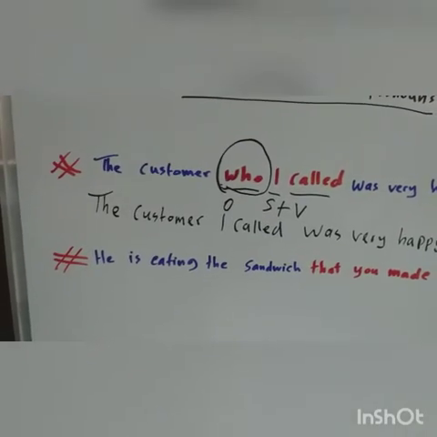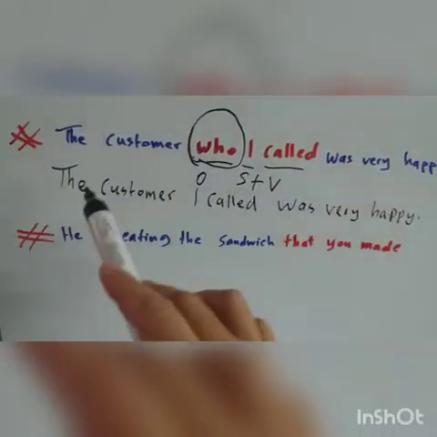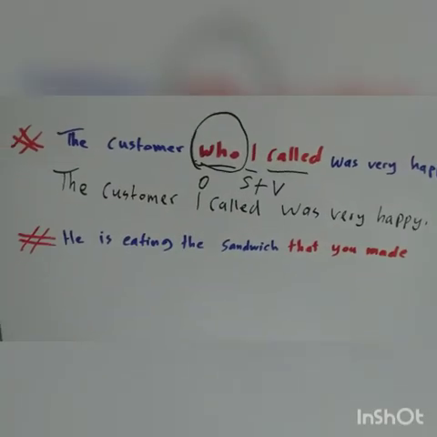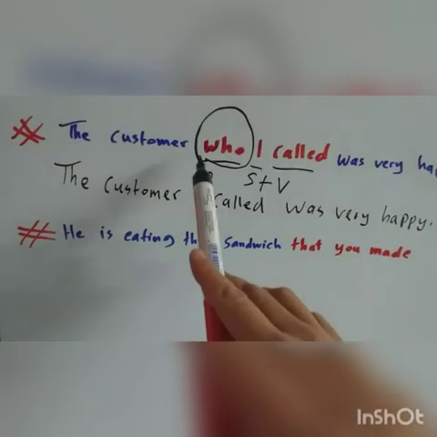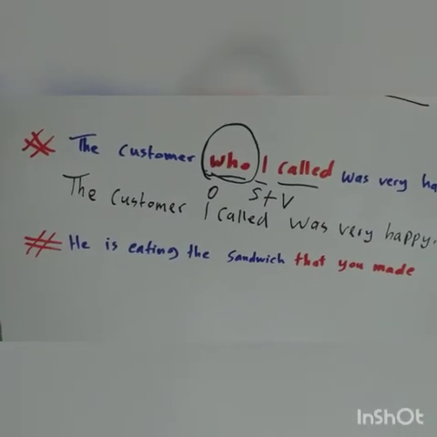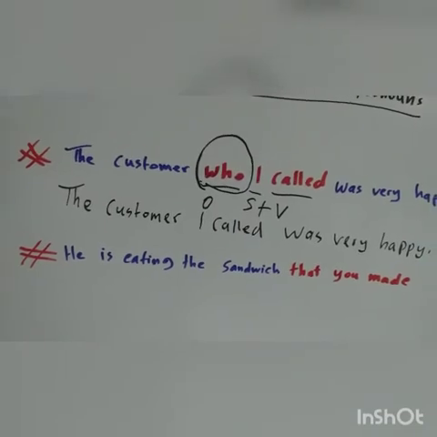In both of these sentences, the customer who I called was very happy and the customer I called was very happy, even if we have omitted the relative pronoun, the two examples have the same meaning and there is no difference.